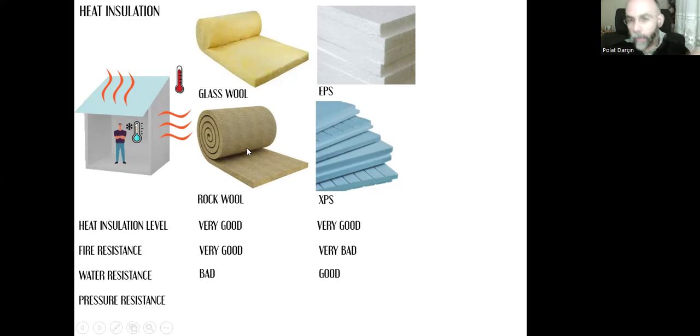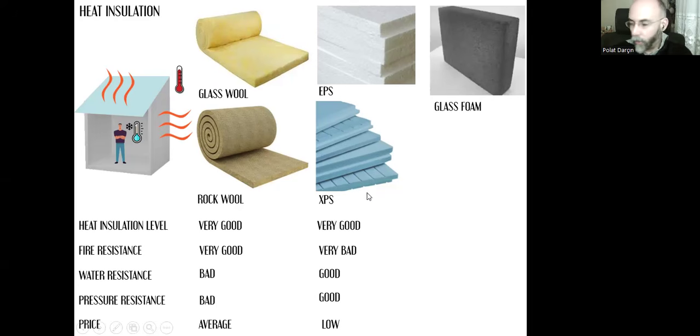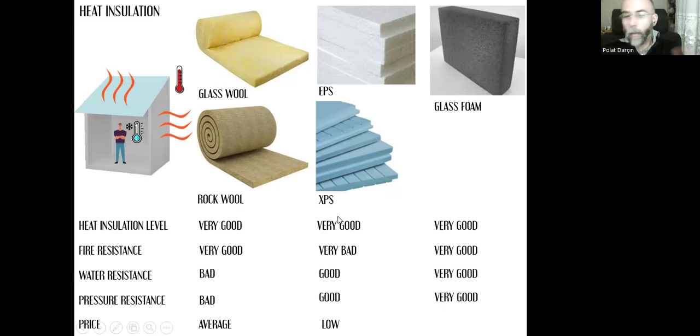This first group is bad in terms of pressure resistance. You can easily squeeze them when you apply pressure. The second group is relatively better in terms of pressure. The price, this is average, that's very low. We have a third group. We see that its heat insulation, fire resistance, water resistance, and pressure resistance is very good, but the price is very high also.